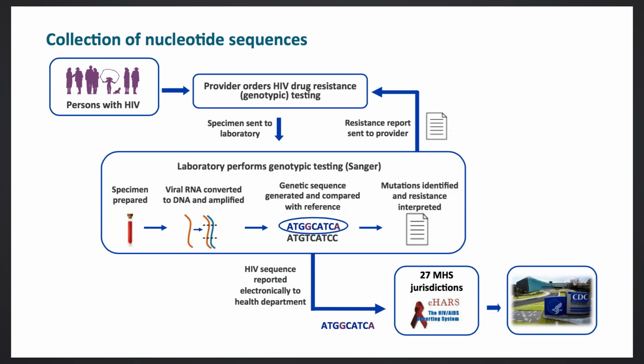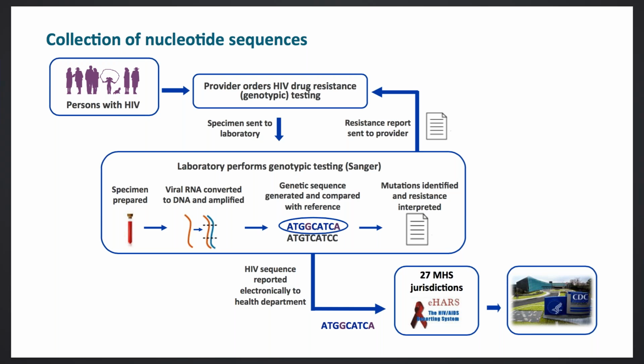So just briefly, how we collect nucleotide sequences. As I mentioned, drug resistance testing is a standard of care. People with HIV go to their HIV care provider who orders drug resistance testing, and a specimen is collected and sent to the laboratory. As part of genotypic testing or Sanger sequencing, a genetic sequence is generated and compared with a reference sequence to see if there are mutations.